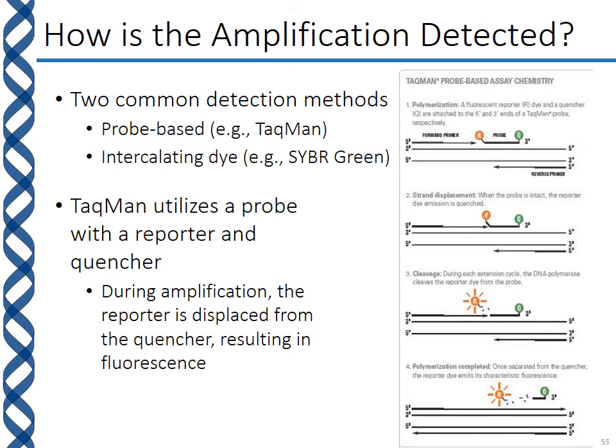And so then when the next cycle of PCR begins, you'll have your primers anneal again at the annealing stage, and you'll also have your probe molecule anneal, and you'll repeat this process over and over until all the reporter molecules have been cleaved off of the probes, and you can monitor that at the various cycles, and we'll take a look at the graph of that in a couple slides here.